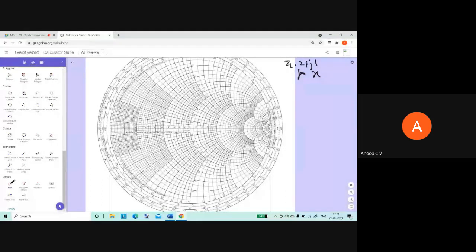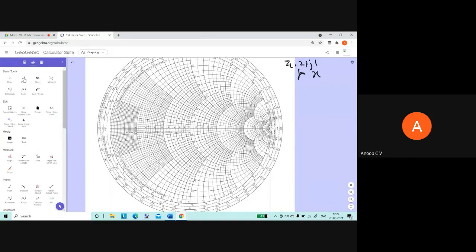R equal to 2 is this, X equal to 1 is this particular one. So I'll mark it here. Instead of marking it with my pen, I'll just take a point and then mark. This is R equal to 2 and this is X equal to 1.